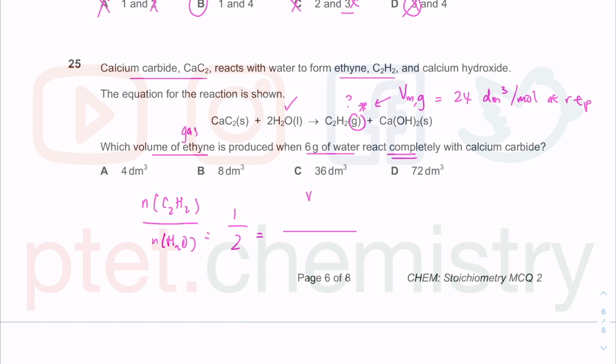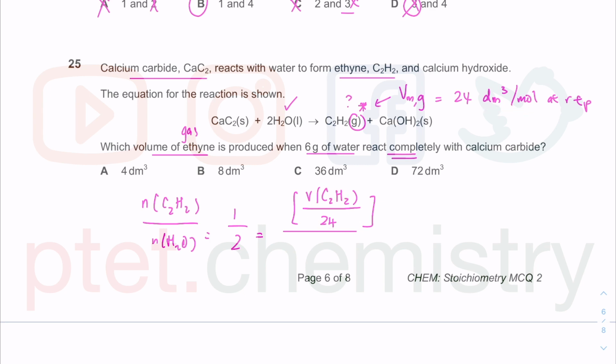So the volume of C2H2 as a gas divided by 24. The reason why I use 24 dm cube per mole is because all the answers are in dm cube, so my volume is in dm cube. So therefore, dm cube divided by dm cube per mole will give me the mole of the gas itself.